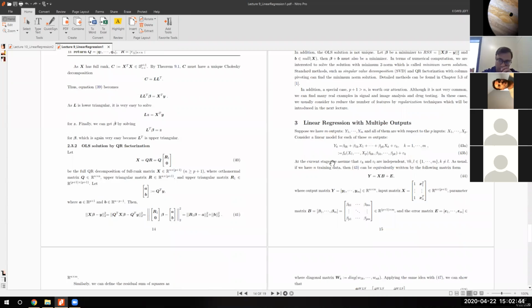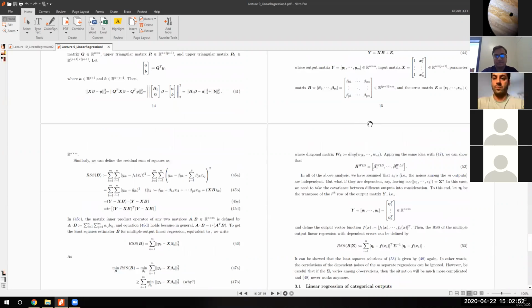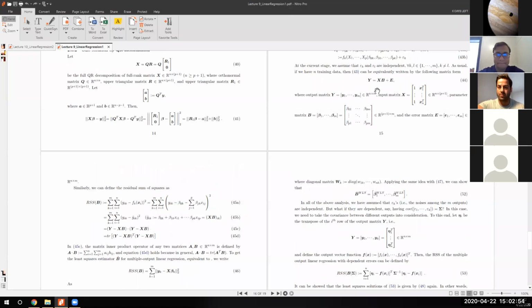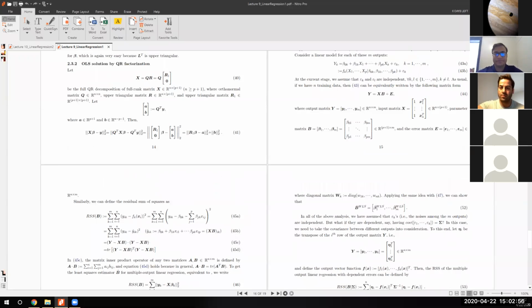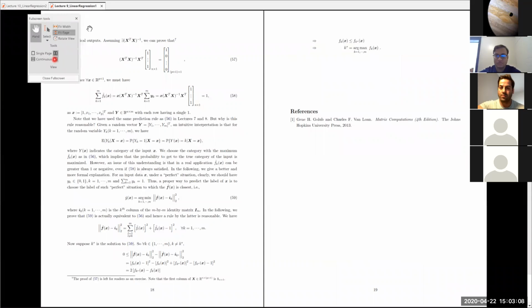It's okay. So in the last class, we introduced linear regression with multiple outputs. Remember? Let me start my annotate here. It's going to be easier, I think.